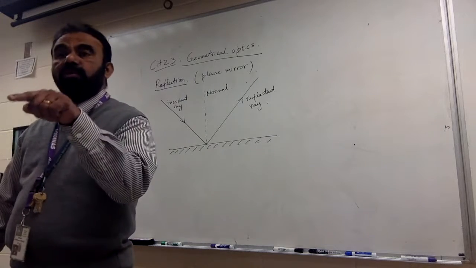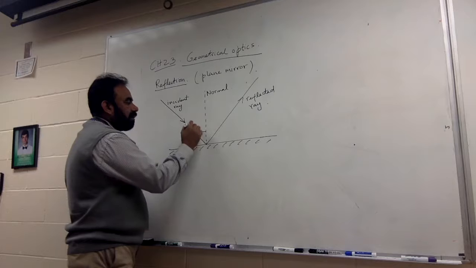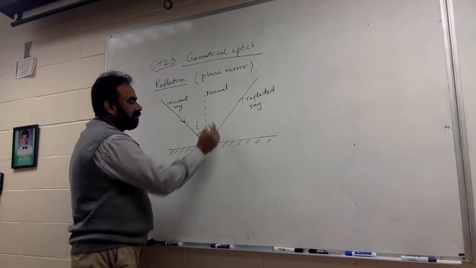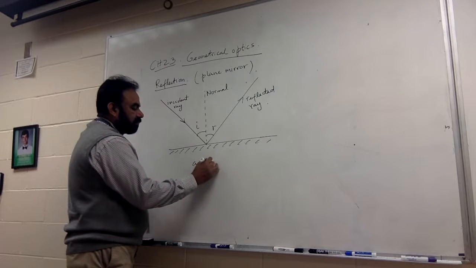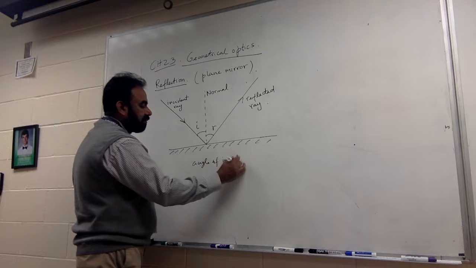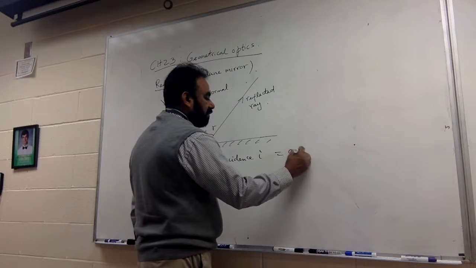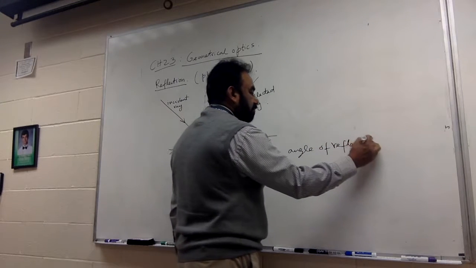Now, using the wave model, we can geometrically prove that the angle of incidence is equal to the angle of reflection. So angle of incidence, i, is equal to the angle of reflection, r.